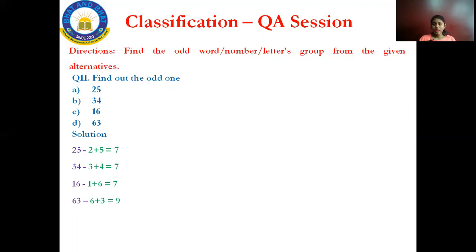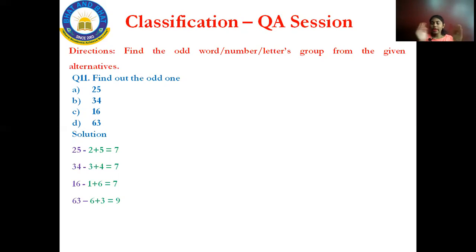They have given the numbers 25, 34, 16 and 63. Now what you have to do is, they have given two-digit numbers, split those numbers and add the two digits. For example, 25. This is the joined number. Now split it.